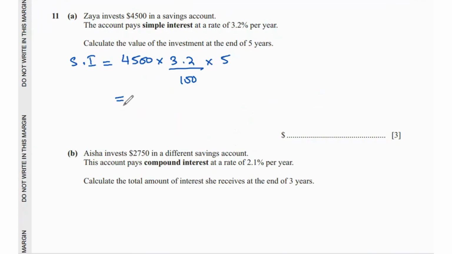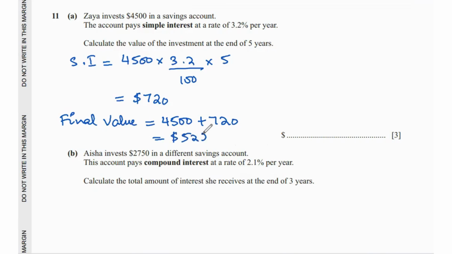So that's going to be $720. Now for the final value of the investment, we add the initial amount, 4,500, to the interest earned, which is 720. That gives us $5,220. That is the final value of the investment.